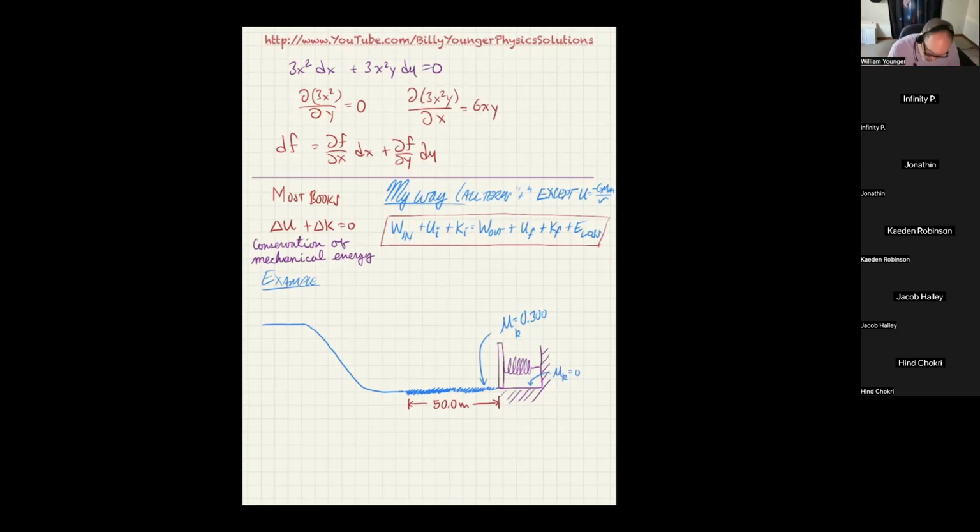And I'm also going to say that this height from here to here is 200 meters. And I'm going to have a little sled here. And I'm going to have me pushing on it like this. Okay.